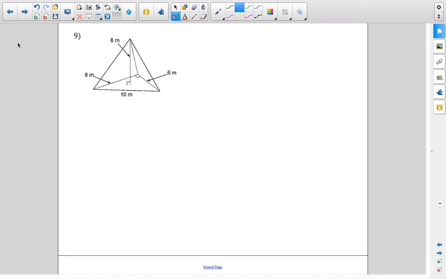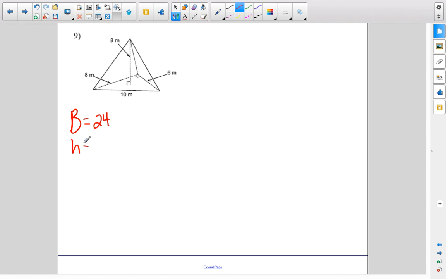Okay, and one more problem we're going to do together, which is on page 18. Since this is a triangular pyramid, remember we need to be able to find the area of the base, and it's a triangle, so 8 times 6 would be base times height, and that's 48. Divided by 2, we get 24.